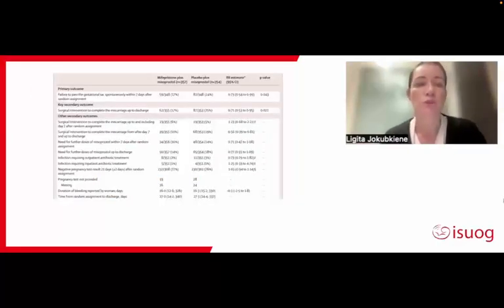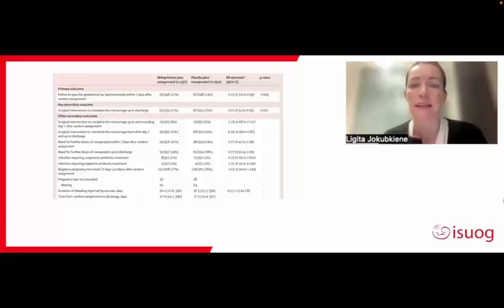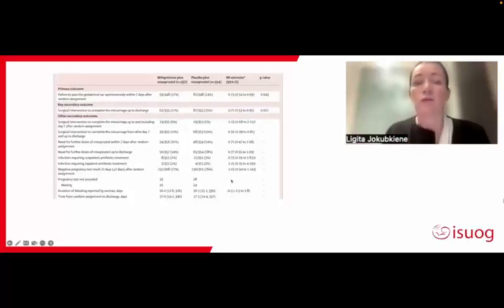The primary outcome was set for failure to pass the gestational sac spontaneously within 7 days after random assignment, and we can see that women that received placebo plus misoprostol were more likely to fail to pass the gestational sac spontaneously within 7 days compared to those that got the combined treatment.